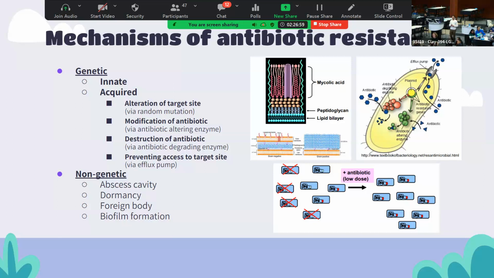You can also have acquired ones, for example, alteration of target site, modification of the antibiotic itself, destruction of the antibiotic, and preventing access to the target site. And those are all summarized within the right image. So you can see modification of antibiotics can be using an enzyme, destruction also an enzyme, and preventing it accessing the target site can be done by the efflux pump.